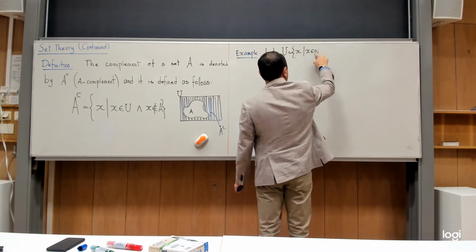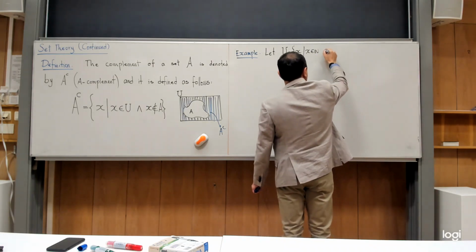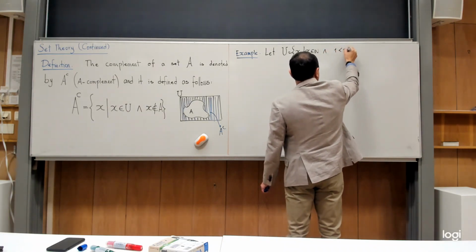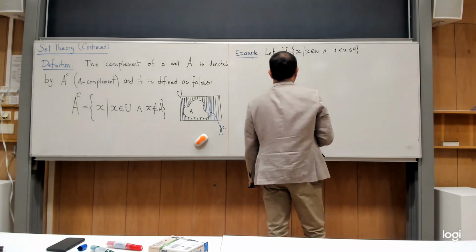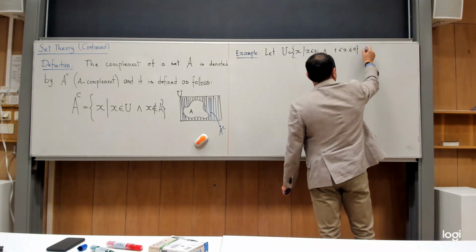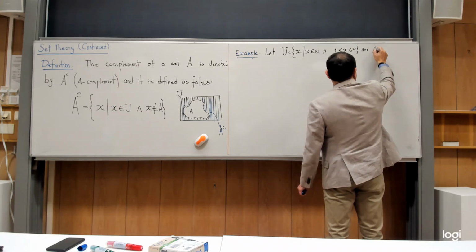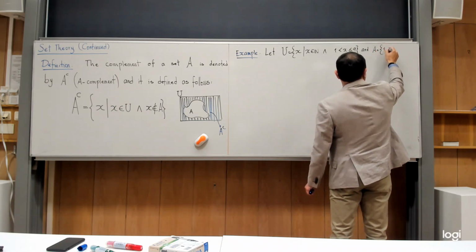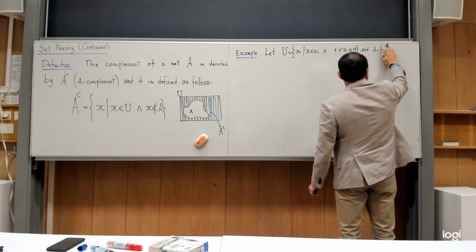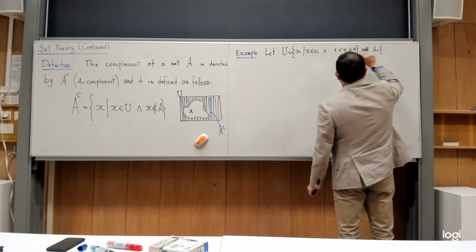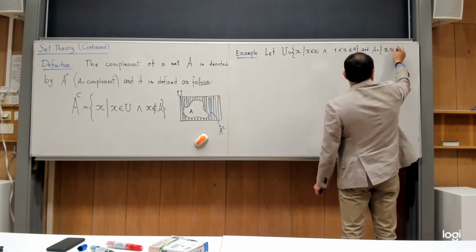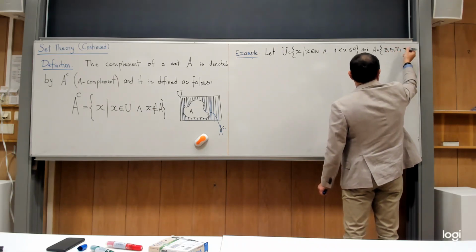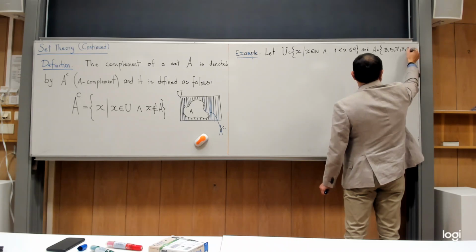Again, for natural numbers, I'm assuming they start from 1, and let A be equal to 1. No, 1 is not acceptable, because 1 is excluded from the universal set. So let me start with 3, 5, 7, 8, and 9.